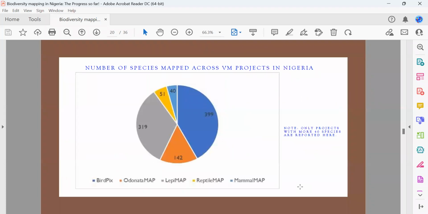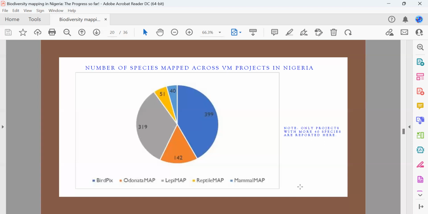So this is the number of species mapped across VM projects, Virtual Museum projects, in Nigeria. But you should please note that only projects with more than 40 species are reported here. So in the case of BirdPIGS, there are 399 bird species submitted or mapped from Nigeria.